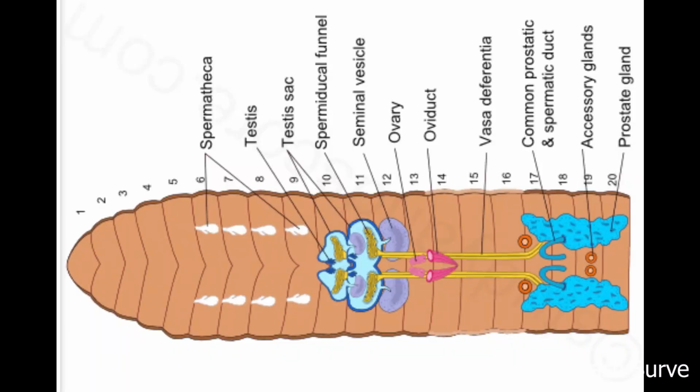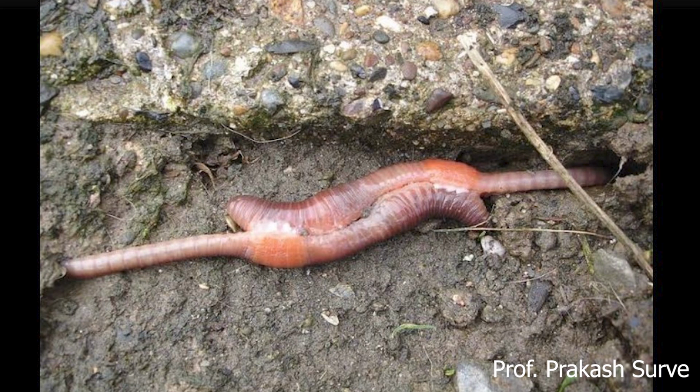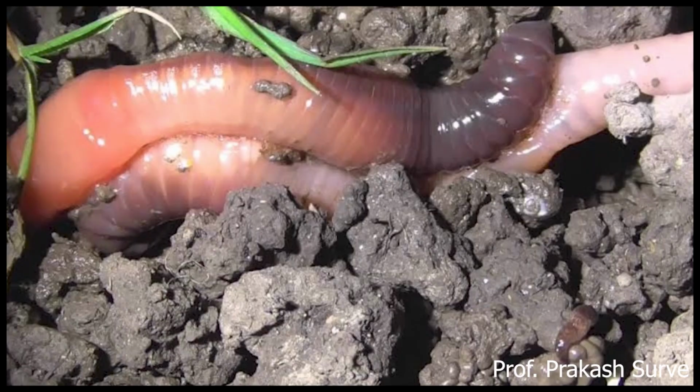They are hermaphrodites, meaning they are bisexual, with testes and ovaries in the same individual. Mutual exchange of sperm occurs between the two worms during mating. They mate juxtaposing opposite gonadal openings, and they exchange packets of sperm.